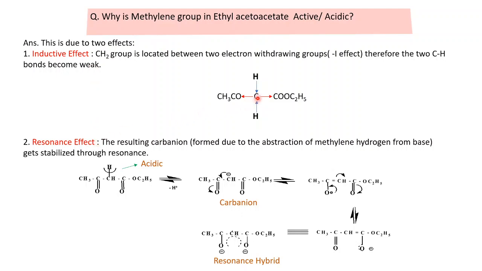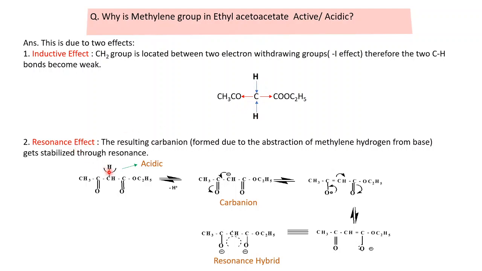As we have already discussed, due to the inductive minus I effect of these two electron withdrawing groups, these two CH bonds, this CH bond and this CH bond, become weak, and due to this the entire CH2 group behaves as an acidic group.